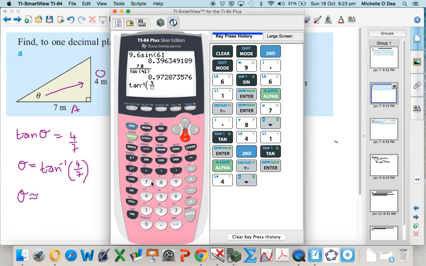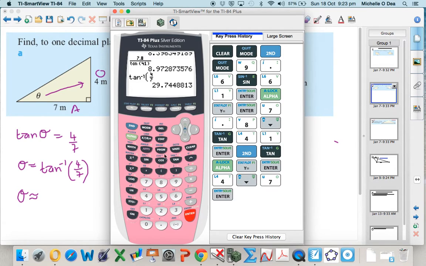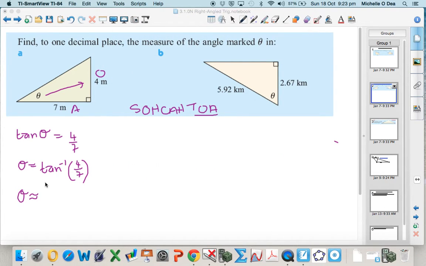So 4/7 and then just enter. So again, round into 3 significant figures, 1, 2, 3. The next digit is not 5 or bigger, so I can just chop it off. So it's 29.7. Now remember, you're finding an angle here, so it's 29.7 degrees.